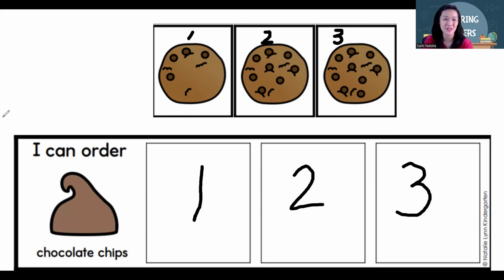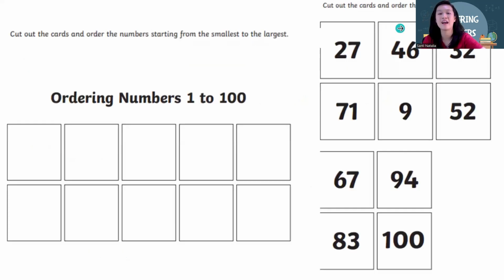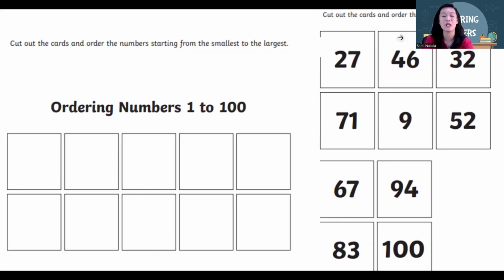Now, if you're done, children, let's get your worksheet and your scissors. You can cut out the cards and order the numbers starting from the smallest to the largest. Let's see the numbers. 27, 46, 32, 71, 9, 52, 67, 94, 83, 100.